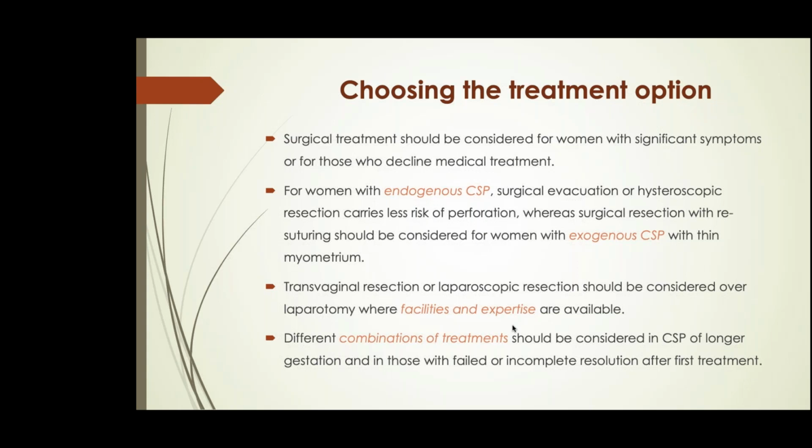In an exogenic type, the risk of bleeding is high. So you would prefer to do laparotomy to control this bleeding if it happens. Transvaginal resection or laparoscopic resection should be considered over laparotomy where facilities and expertise are available. Different combinations of treatment should be considered in cesarean section scar pregnancy of longer gestation and in those with failed or incomplete resolution of treatment.